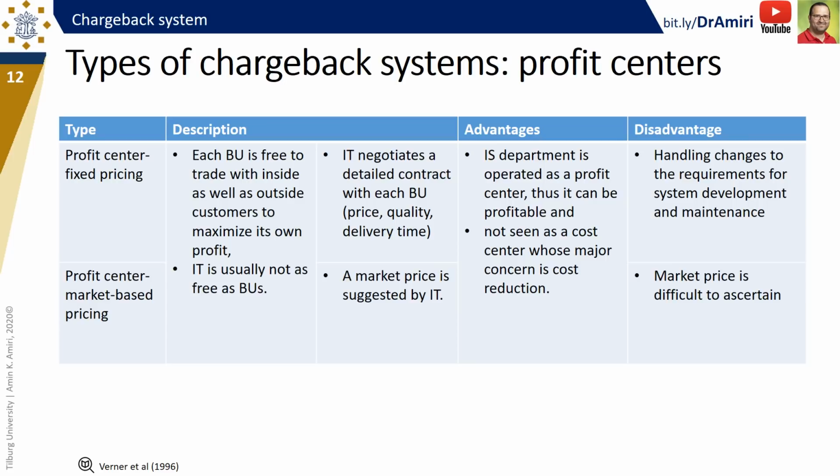You cannot go to other universities, so there is no market. Or sometimes you see that there will be only two or three providers. So there is a kind of monopoly here. So as a result, market price is difficult to find out.